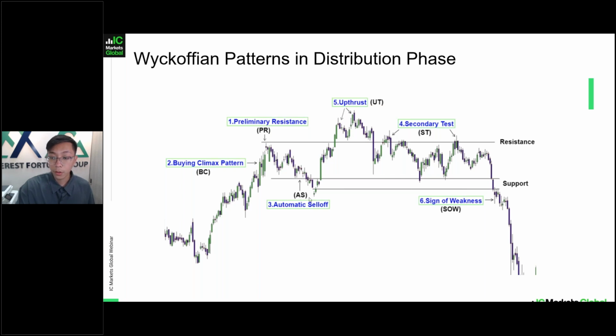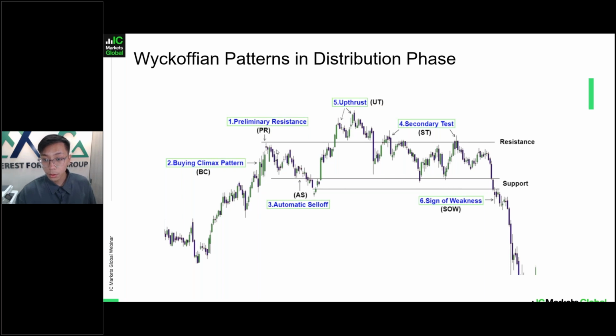Okay, then we have your automatic sell-off, right? For the accumulation phase it is the automatic rally, but for this we have your automatic sell-off. Automatic sell-off is basically just a down move that forms after the PR and BC, and the underlying selling interest causes price to fall lower, right?